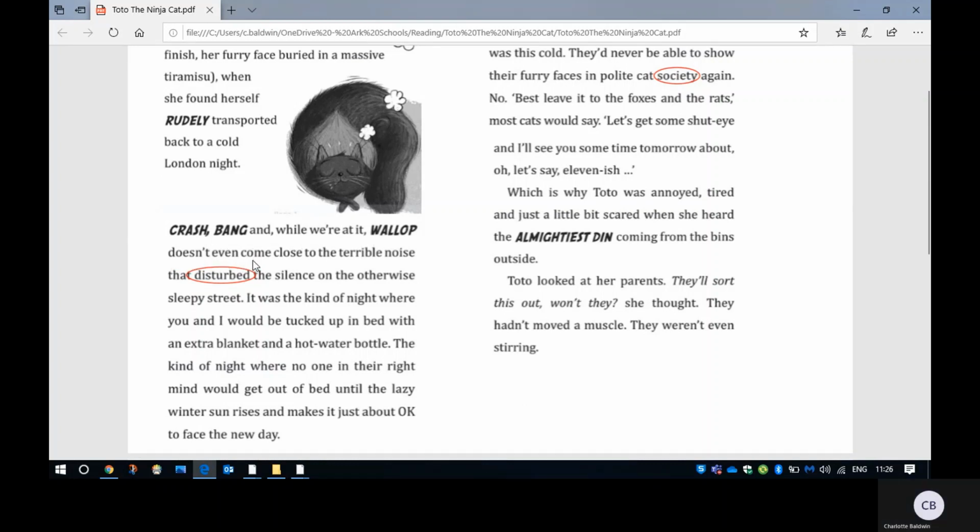Doesn't even close the terrible that disturbed the silence on the otherwise sleepy. It was the kind of night where you and would be up in with an extra and a hot water bottle, the kind of night where no one in their mind would get out of until the winter sun rises and makes it just okay to face the new.